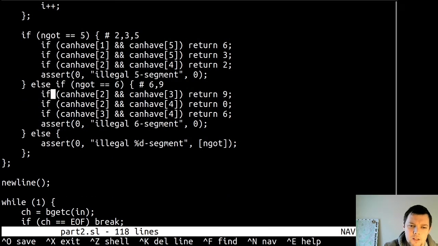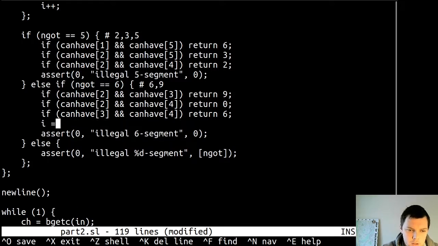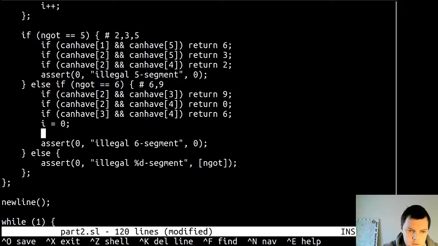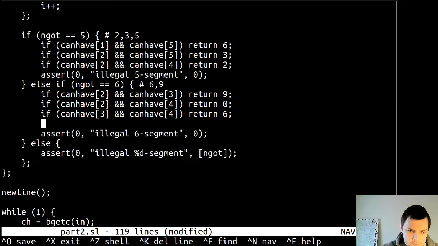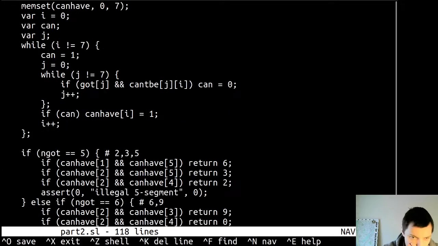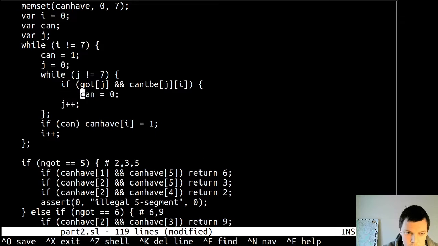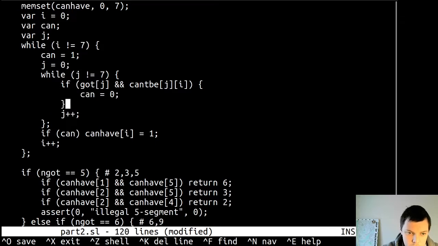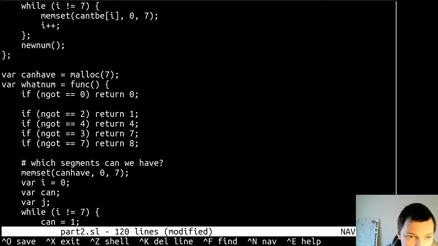For some reason it thinks it can't have 2 or it can't have 3. So when there's an illegal one, let's go... actually, let's say... so we want to know, we'll first print out which ones we've got, I think.